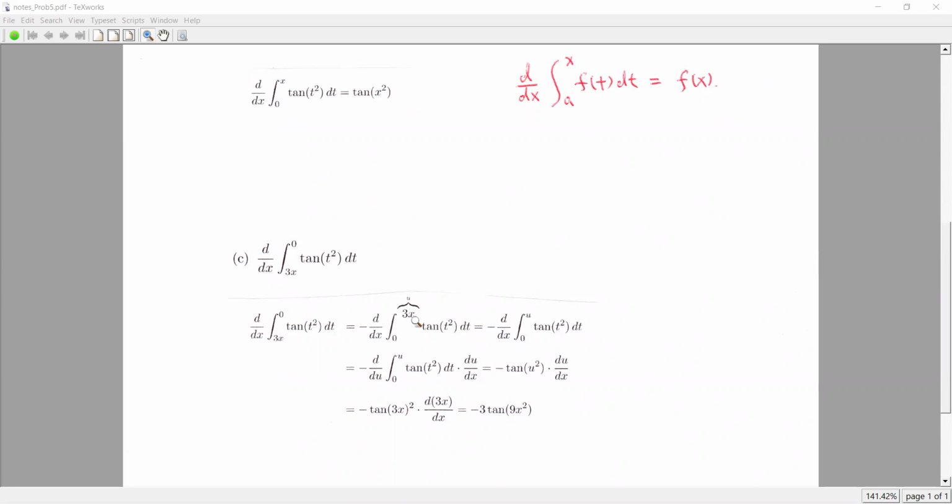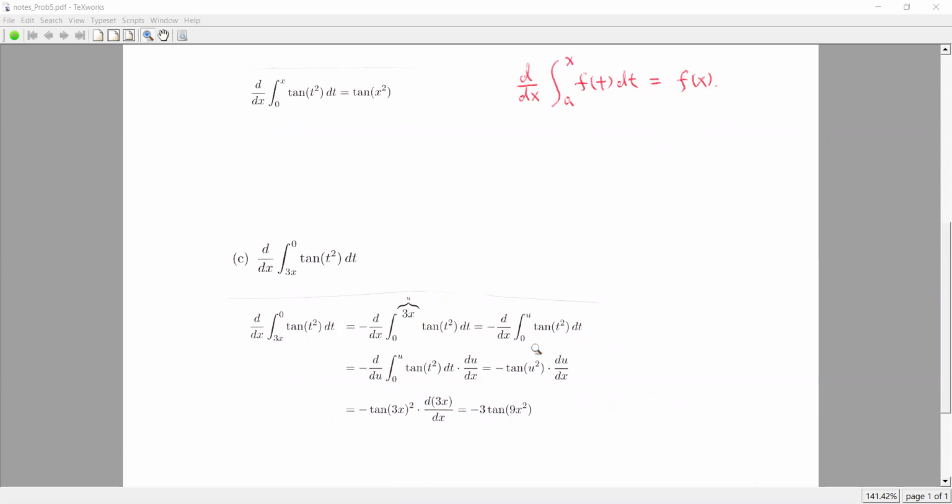To overcome the difficulty, I let u be 3x. Then I have this equation. But now we still cannot use this formula because this formula requires here is x and here also x. But in this derivative, here is u, here is x, different.